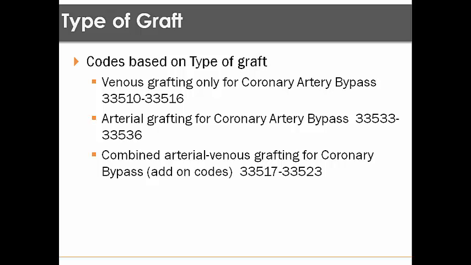Now, in your textbook, this says 33533 to 33545, but this is only actually through 33536. And this is now combined arterial venous grafting for coronary artery bypass, which are add-on codes, 33517 to 33523.